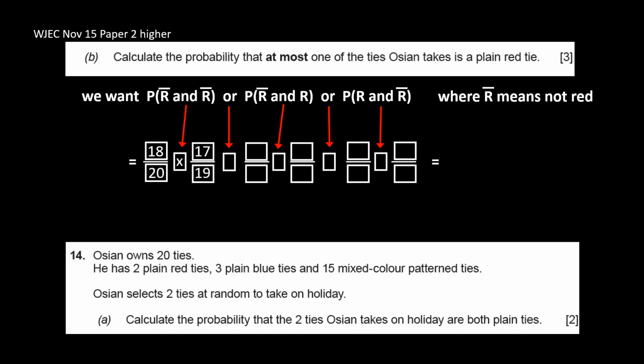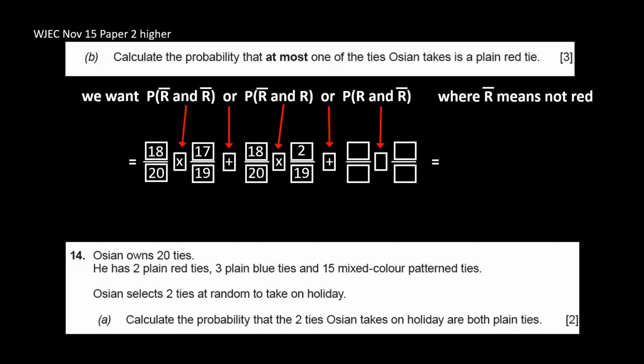So that's where that fraction comes from. 'Or' is plus. Now the probability of a not red, well that's 18 out of 20, we got that on the first one, and 'and' is times. Now the probability of choosing a red, well there are 2 reds, but he's already taken 1 tie out, so it's 2/19ths. 'Or' is plus, and then finally the probability of it being red and not red.